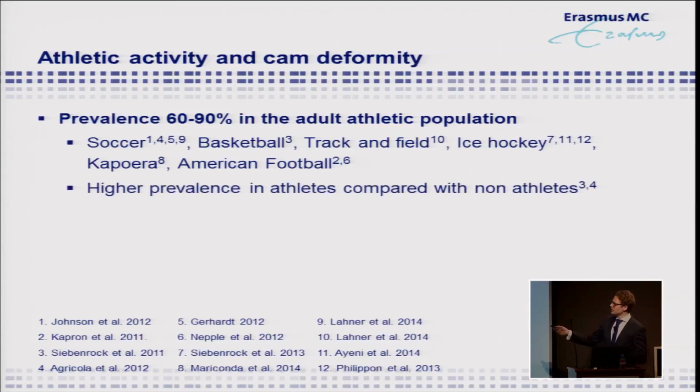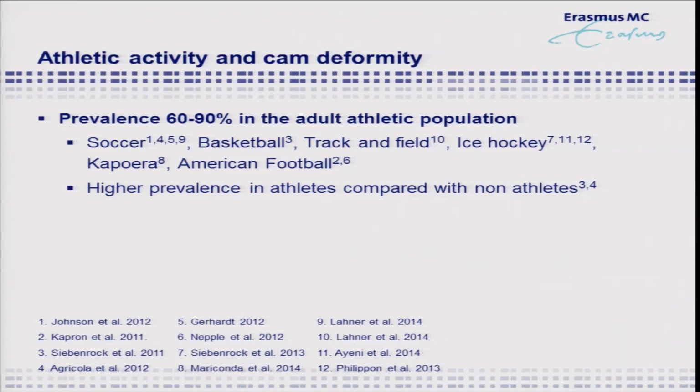And also, we did a study, and there's other literature on this, which compared directly athletes with non-athletes and showed a big difference in prevalence. So the difference in prevalence can be as high as 90% in the athletes versus only 10% in non-athletes. And this is actually quite an interesting finding, because this means that a cam deformity can possibly be prevented.